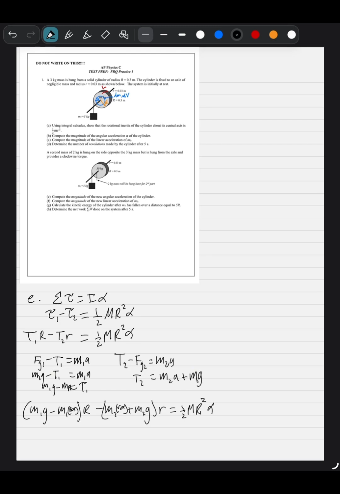So then I'll distribute the r's, and I'll carry the negative sign over. Now what we can do is move each term that has alpha to the right side.